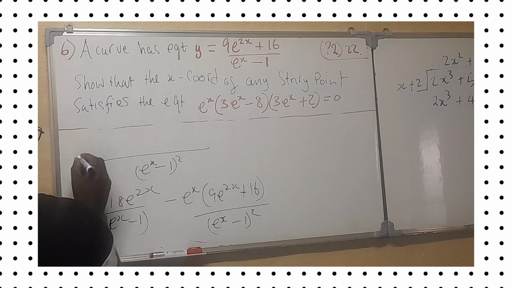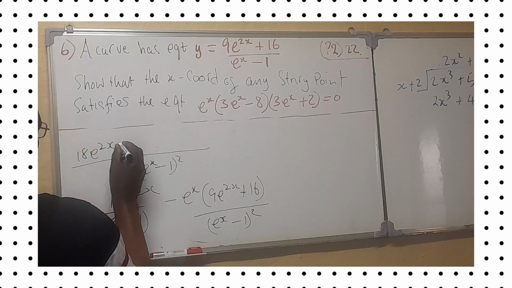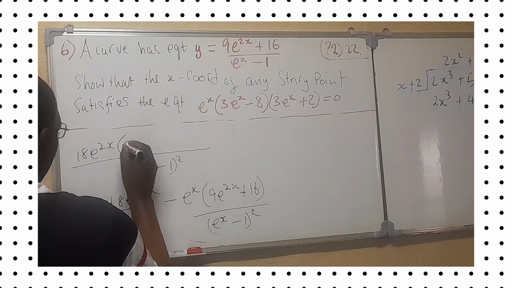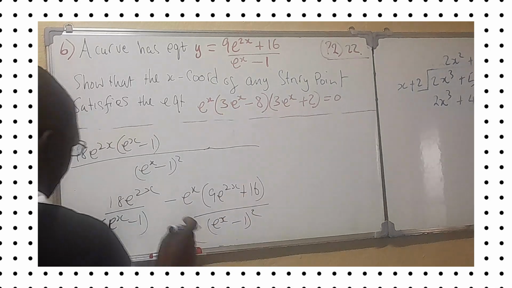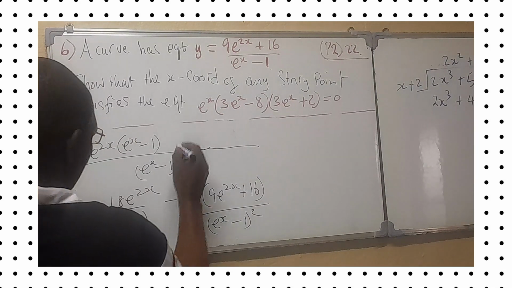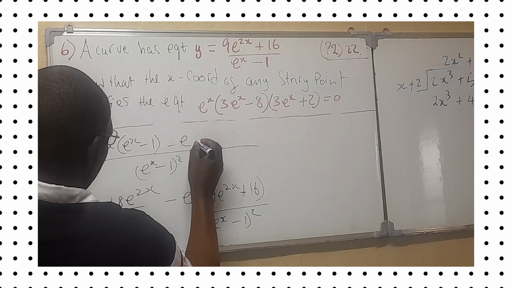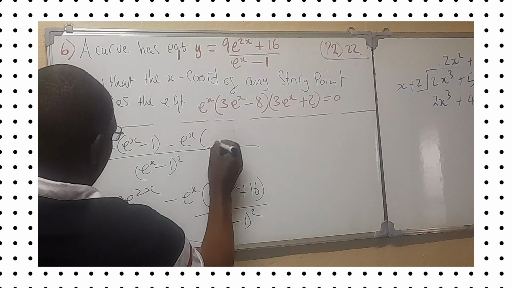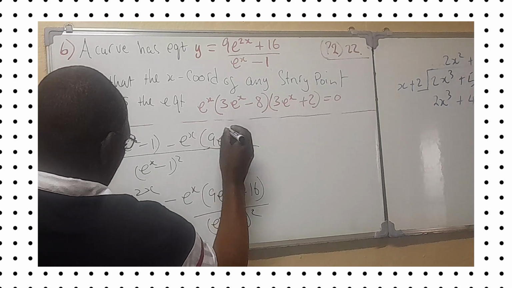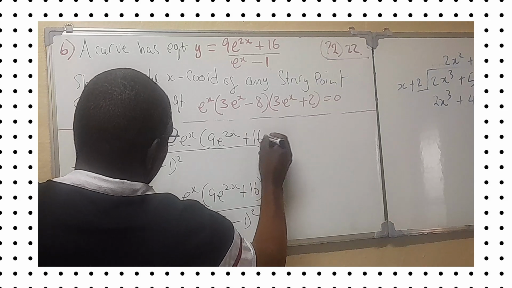So we have 18e^(2x) multiplied by (e^x - 1). What about this one here? Same story, it's just e^x brackets (9e^(2x) + 16).